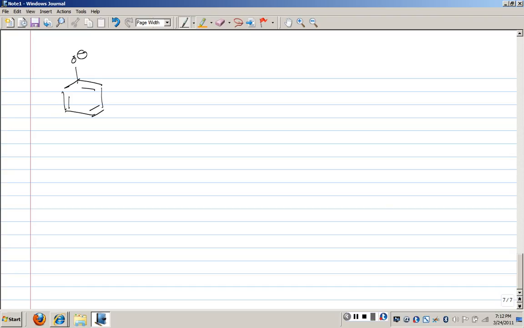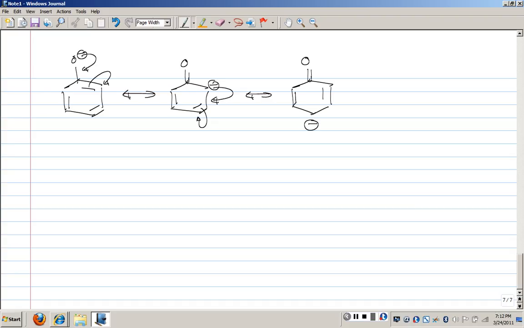Okay. So I can draw resonance forms like so, which will give me this species. I can draw another resonance form, which will give me this species. And sure enough, I can draw another resonance form, which will give me this species.